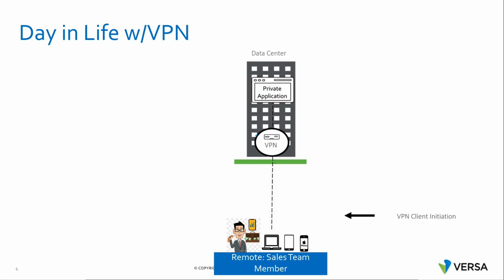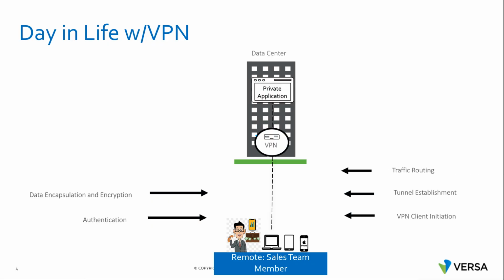What happens is VPN client initiation happens, then you authenticate the user. A VPN tunnel is established, then you do data encapsulation and encryption, and then you route the traffic to the application. At the destination, decryption and forwarding to the application happens.